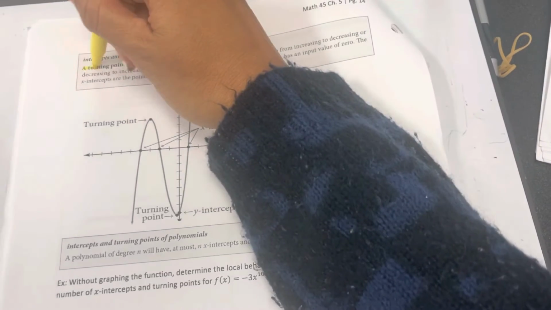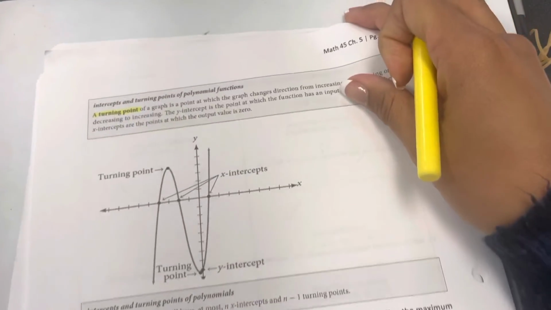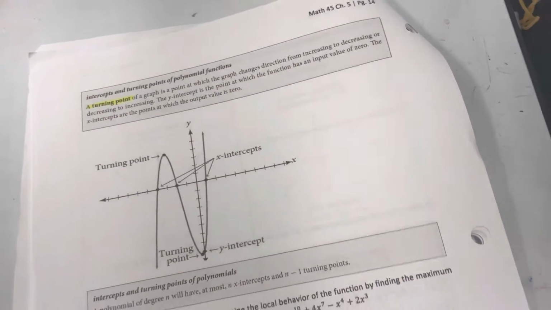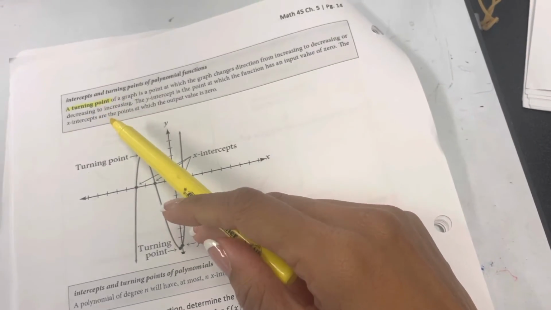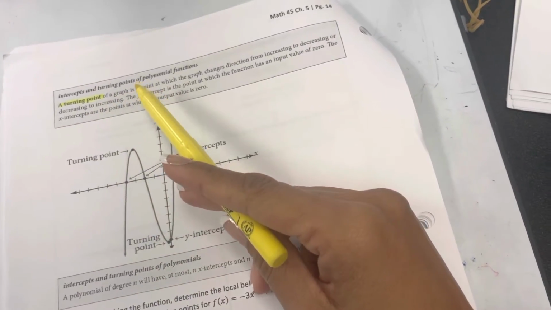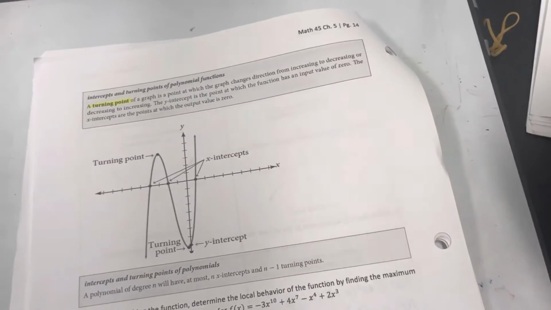So there is a lot of terminology to learn. This here is the terminology of a turning point. So a turning point is when you change directions, so when it goes from increasing to decreasing, or decreasing to increasing.